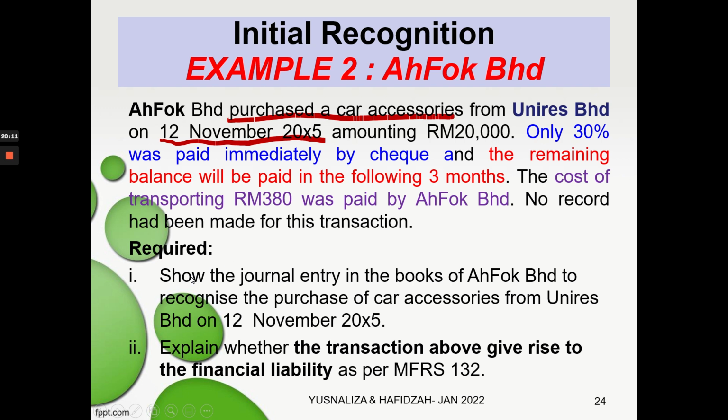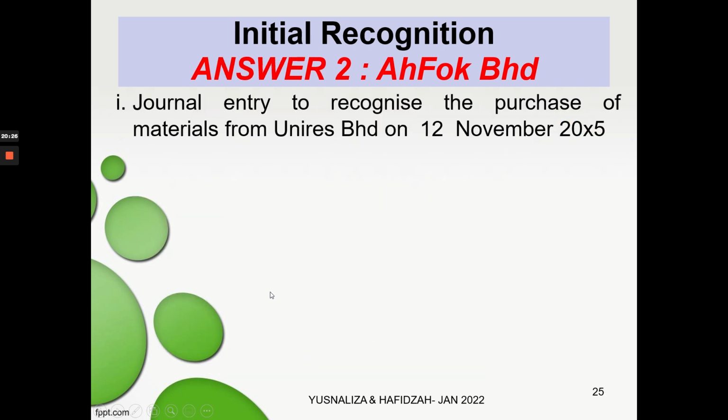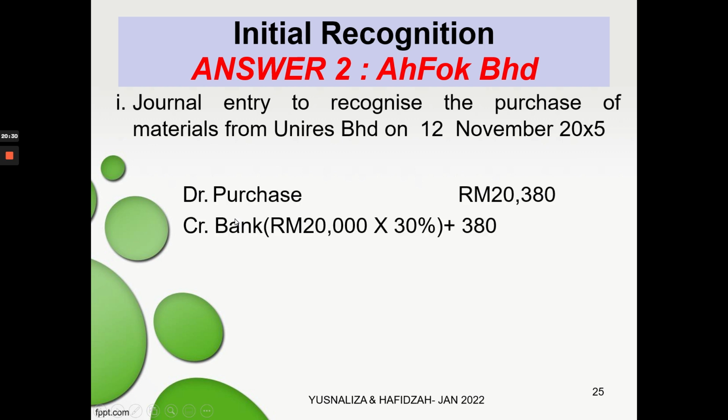No record has been made by AhFok for this transaction. So you are asked to show the journal entry in the books of the reporting entity AhFok, to recognize the purchase of the car accessories, and also to explain whether the transaction gave rise to financial liabilities. So the journal entry: debit purchase, and you will debit with 20,380, which is the fair value, 20,000 times 30% plus 380.